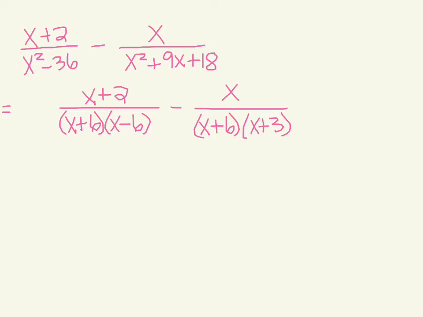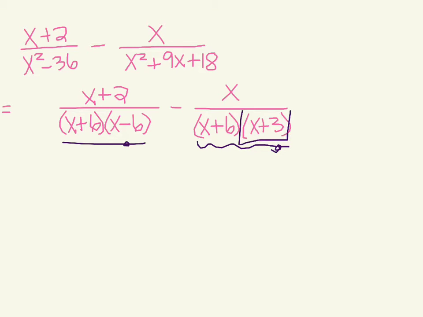And in order to get a common denominator, the one way I like to think about it is I look at my left fraction and I see that it has an x plus 6 and an x minus 6. And then I come over here and look at my second fraction and its denominator and ask myself, what is in this denominator that is not in this one?